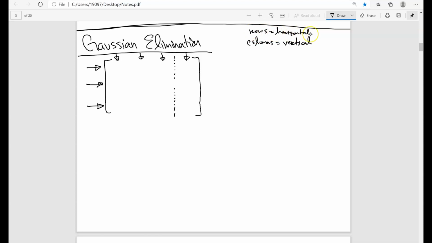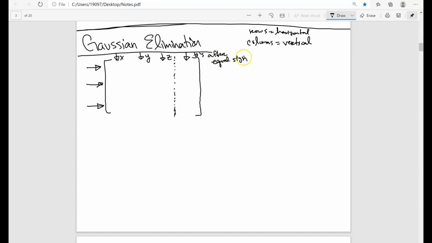So let me write down a couple things. The way that we write them, think about this first column as representing all the x's. This second column represents all the y's. And this third column represents all the z's. What I mean by that is the coefficients in front of them. Here on this other side where there's a dotted line, here is going to be everything, so the numbers after the equal sign.